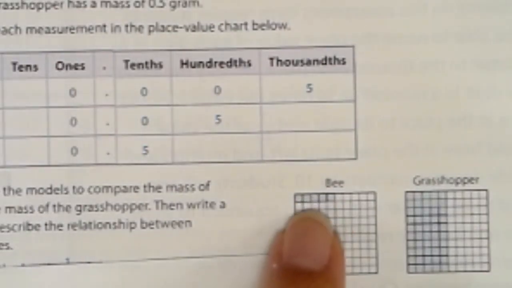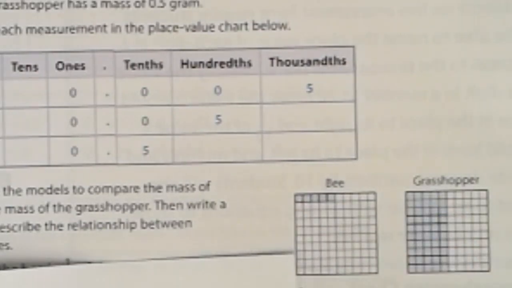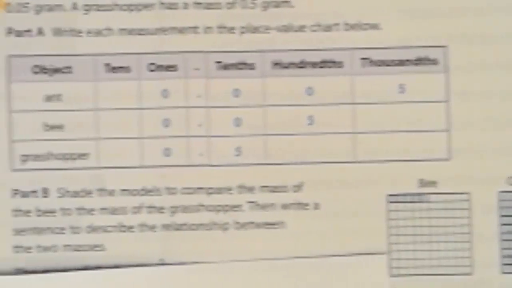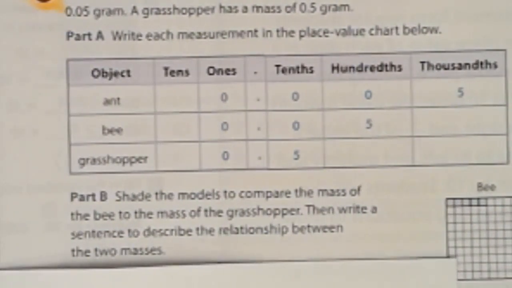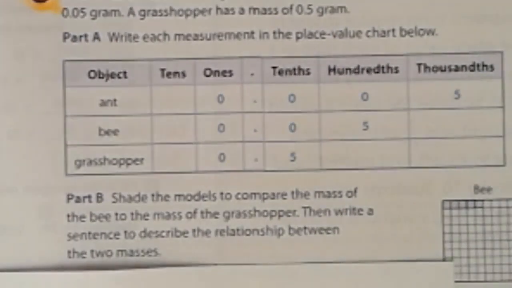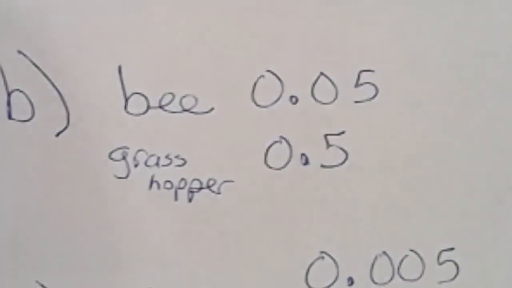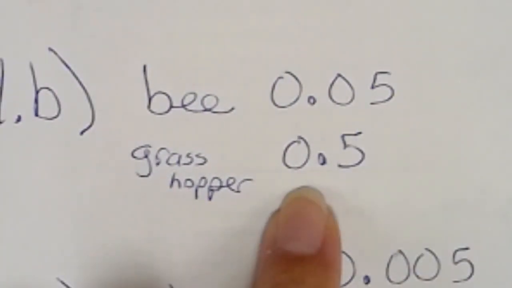5 hundredths for the bee and 5 tenths for the grasshopper. Also on part B, it wanted you to write a sentence to describe the relationship between the mass of the bee and the mass of the grasshopper. So you should have written your decimals for the bee and the grasshopper on top of each other.